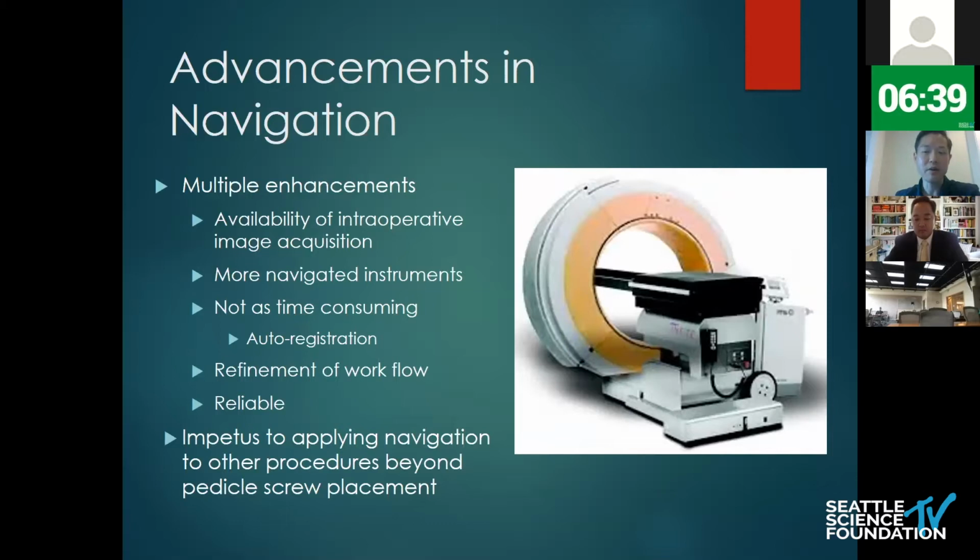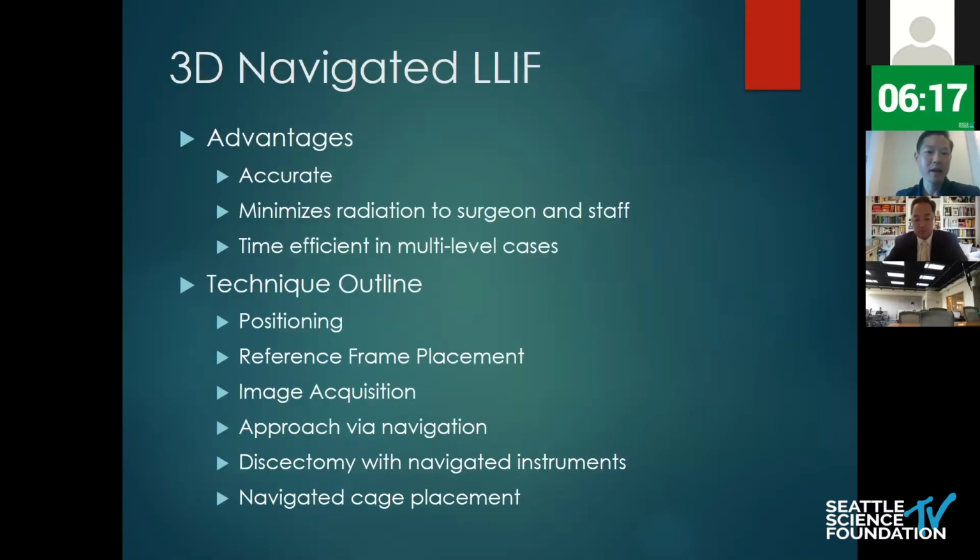And now we have intraoperative image acquisition devices that allow us to obtain imaging in the operating room in whatever position we want. So a lot of the fears of reliability issues and availability have since gone. And there's been a technological advancement in terms of the devices that are navigated, the software. So it's been very refined to this day.